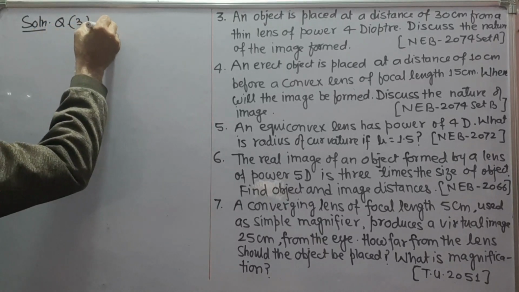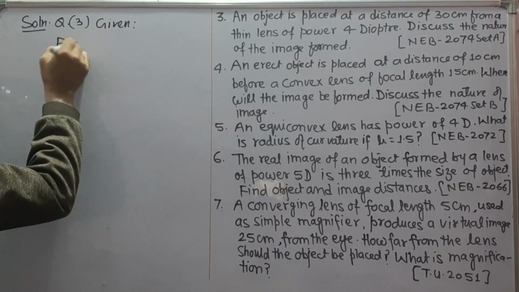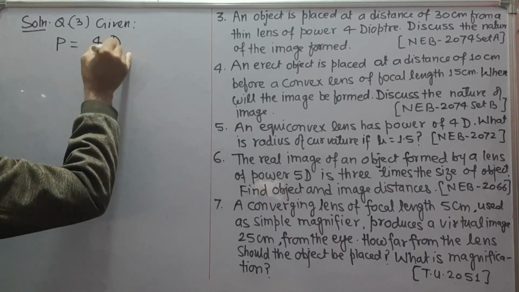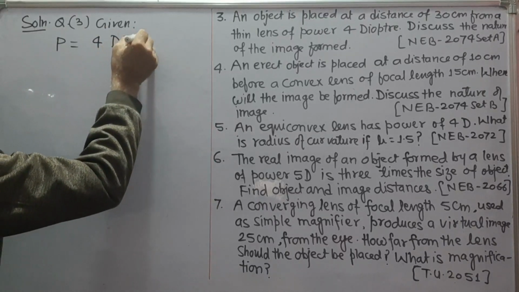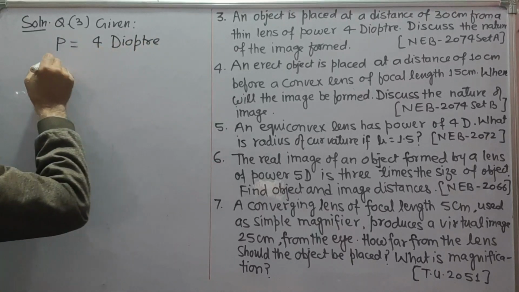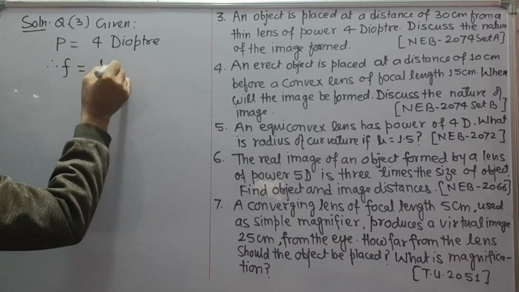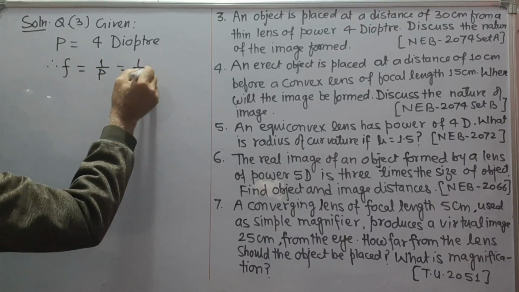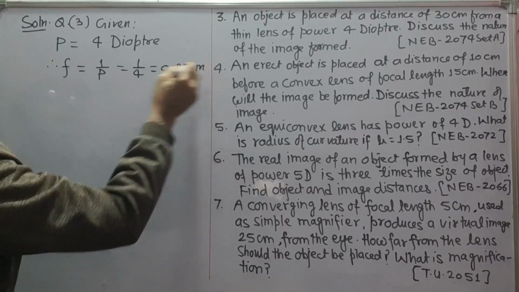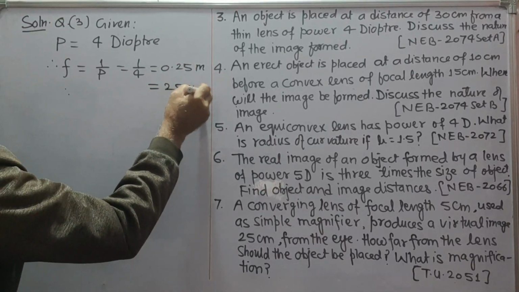Here, power of lens is 4 diopter. Therefore, focal length will be equal to 1 upon P, 1 upon 4 means 0.25 meter, or this is equal to 25 cm.